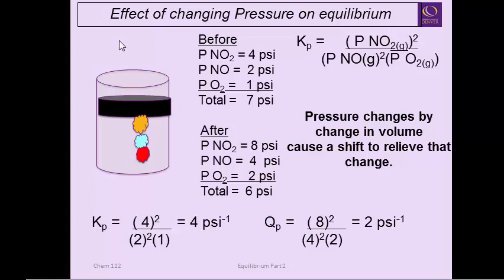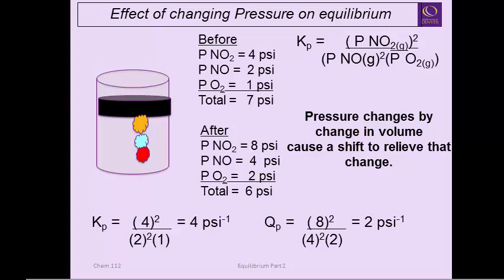So consequently what you have after the compression is they increased. So in this case I shrunk the volume in half, so consequently the partial pressures all increased by 2. So the partial pressure of nitrogen dioxide went from 4 to 8, nitrogen monoxide went from 2 to 4, and oxygen went from 1 to 2.